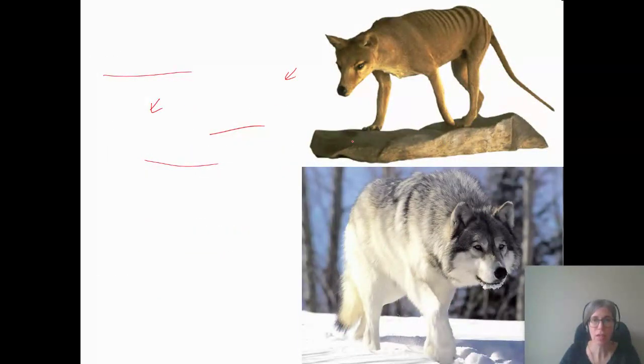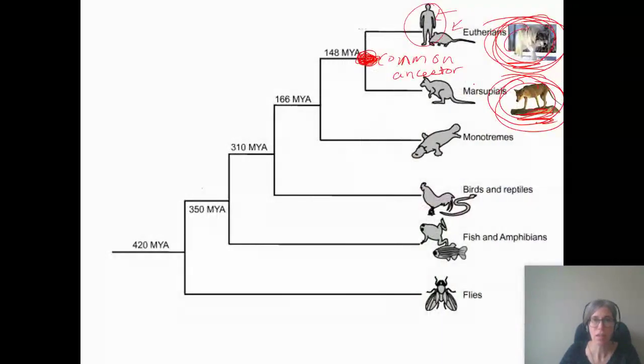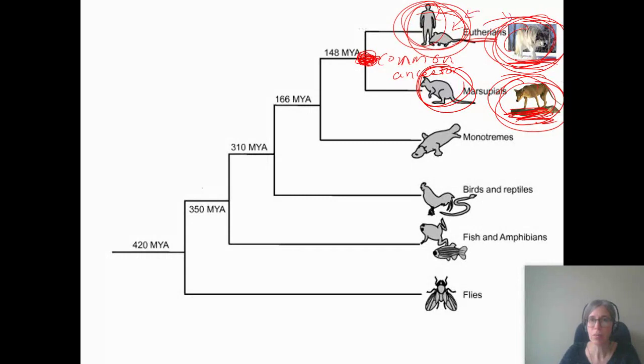Like the gray wolf and the Tasmanian wolf, they actually are in the same place here. So the sugar glider is a marsupial, and the squirrel is a eutherian, a placental mammal. So actually, the squirrel and the gray wolf are more closely related to each other than the squirrel is to the flying sugar glider, right?